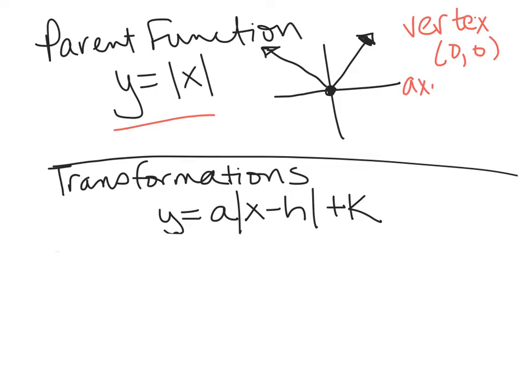The axis of symmetry is at x equals 0. And as a reminder, the axis of symmetry is just a line that cuts a graph into two symmetric pieces. So it's the y-axis in this one.